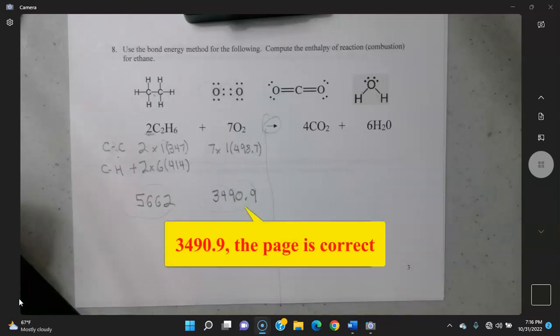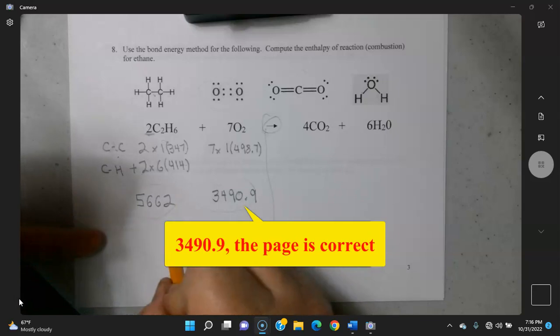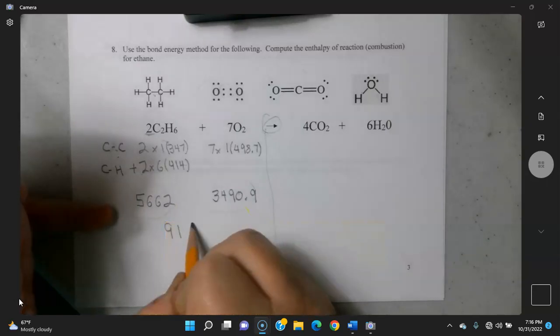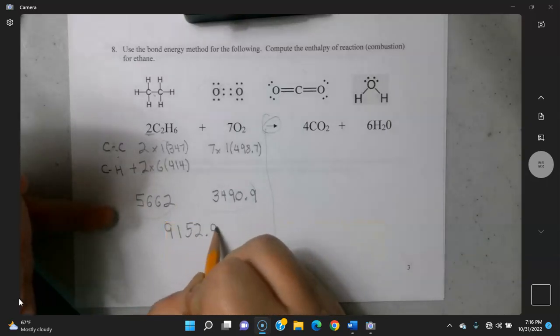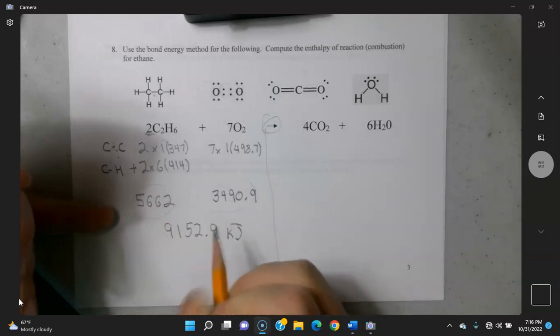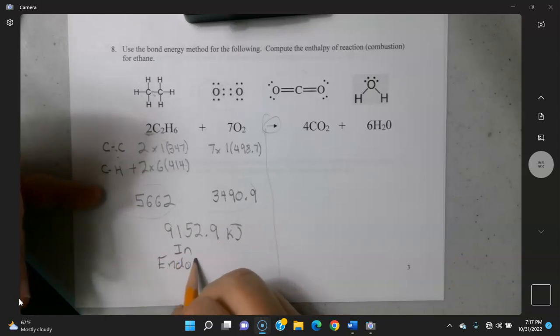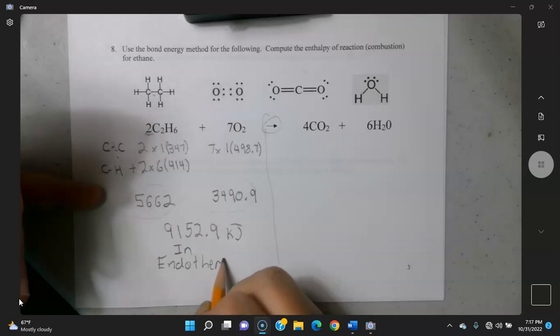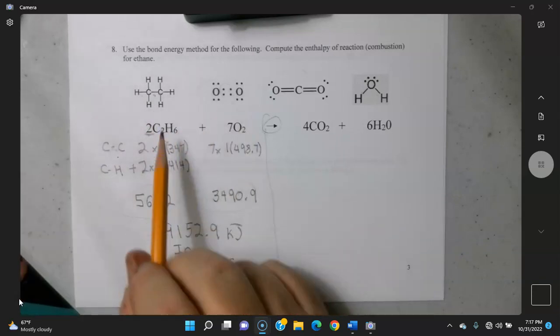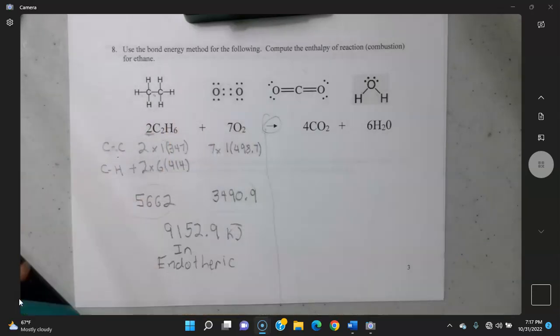So when we add those two numbers together, we get 9,152.9 kilojoules. That's how much energy in. That's an endothermic process. Why? Because in order to break the bonds of the reactants, you have to smash them. You have to put energy into them and knock them apart from each other. That's endothermic. That's energy in.